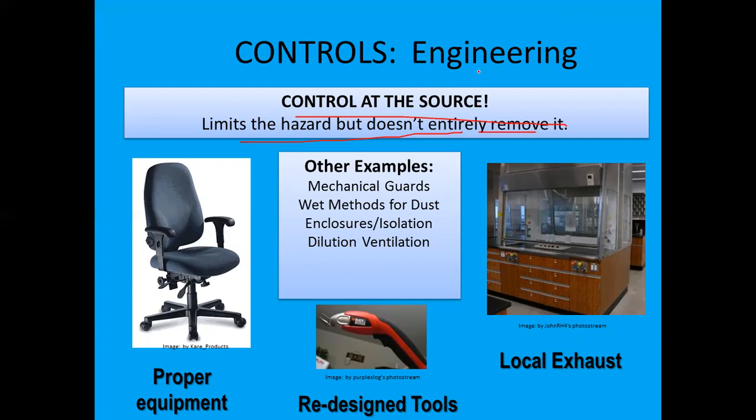If you see the examples of these engineering controls: mechanical guards, wet methods for dust collection, enclosures and isolation, dilution, ventilation. If you see some of the design examples, proper equipment. Take any example, for example a chair. How does the chair look? What is the purpose of the chair?